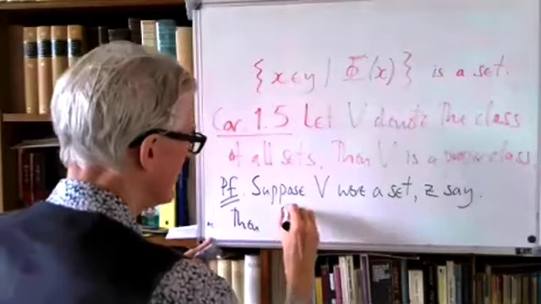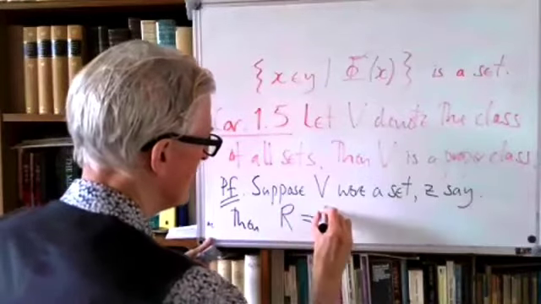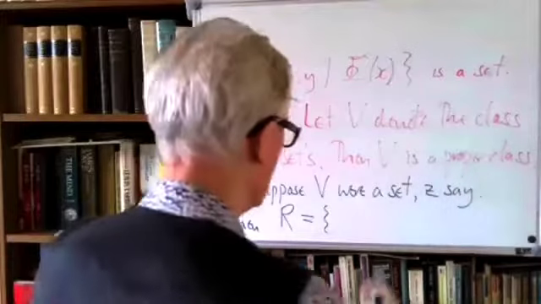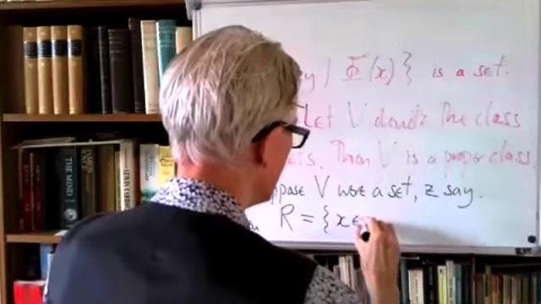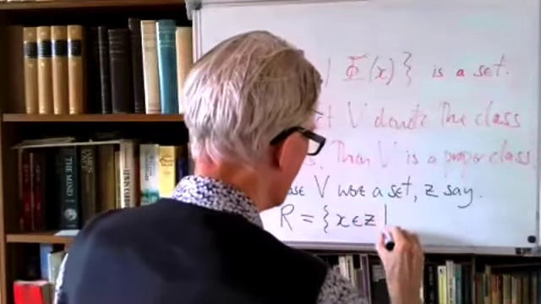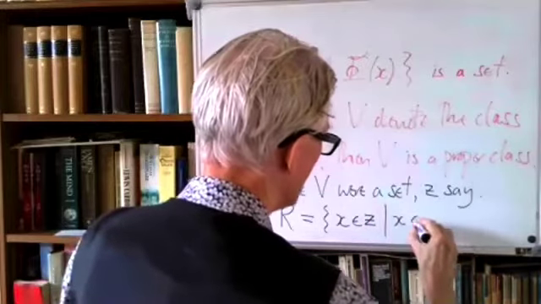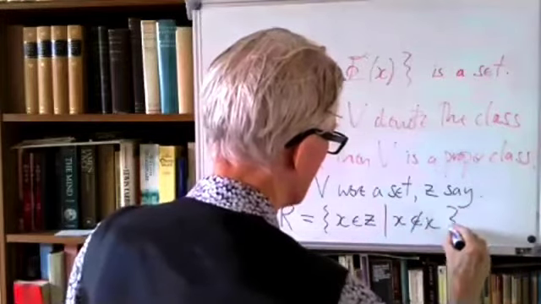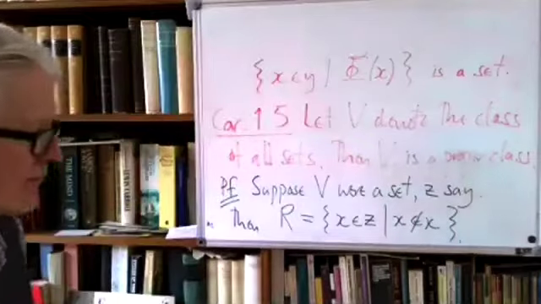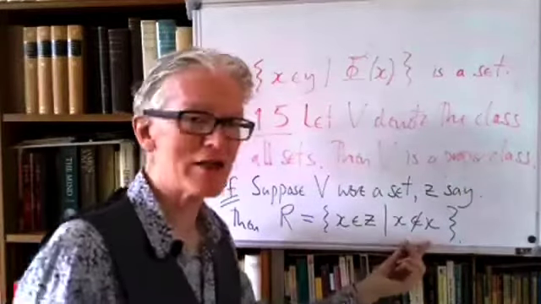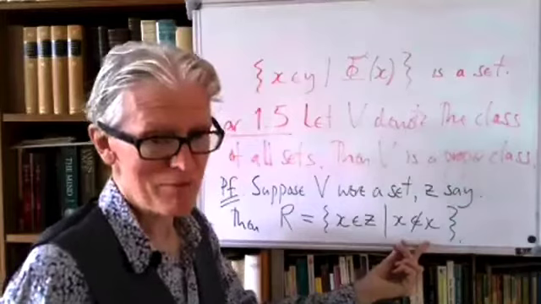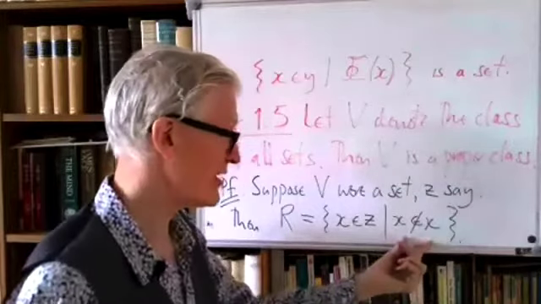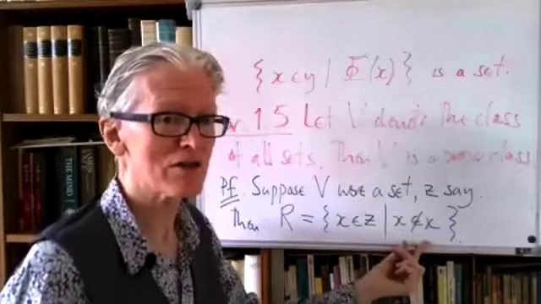Now I could then write that R, the collection of x's in Z such that x is not a member of x. Now I claim this is a well-defined property. This makes sense. Everybody knows what this means: it's not a member of itself.